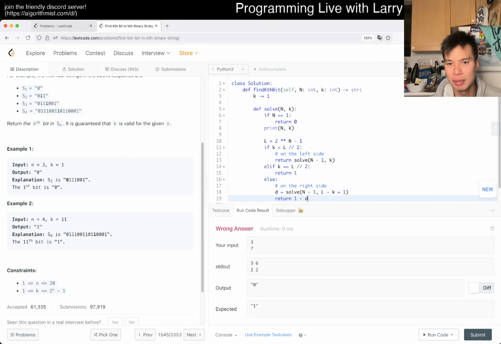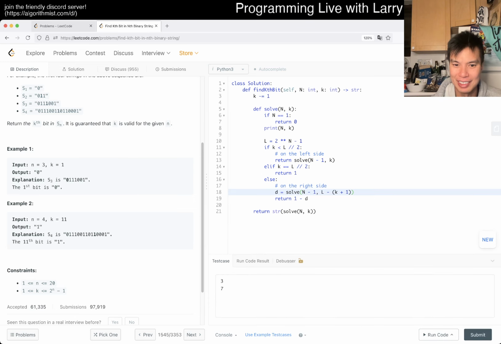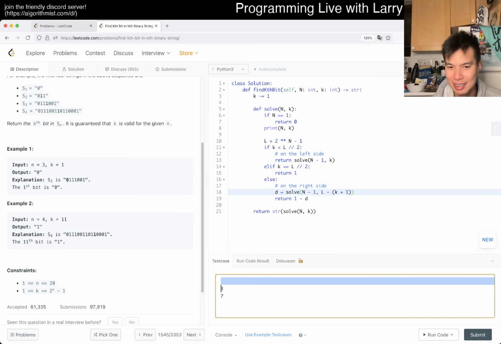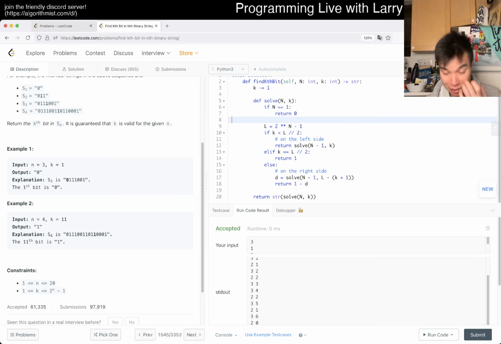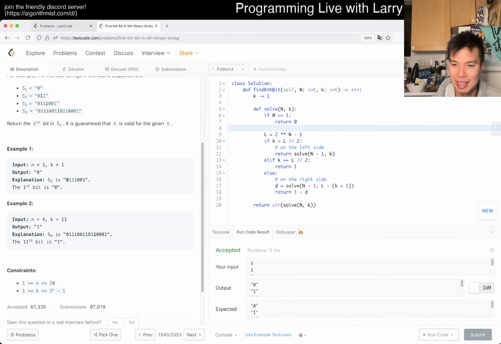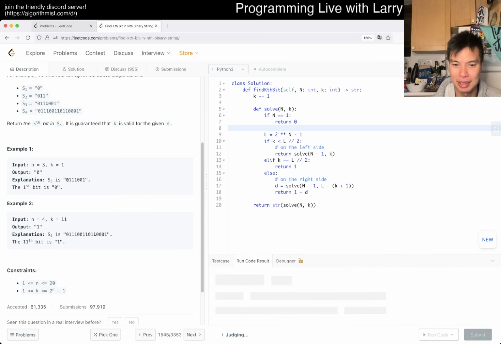Oh, I'm dumb. I meant this. Okay, Larry. Silly rabbit. Alright, let's double check that though. Yeah, okay, fine. Sorry, it's about 1 a.m. here and I'm being sloppy. Yeah, let's double check the example, I suppose.